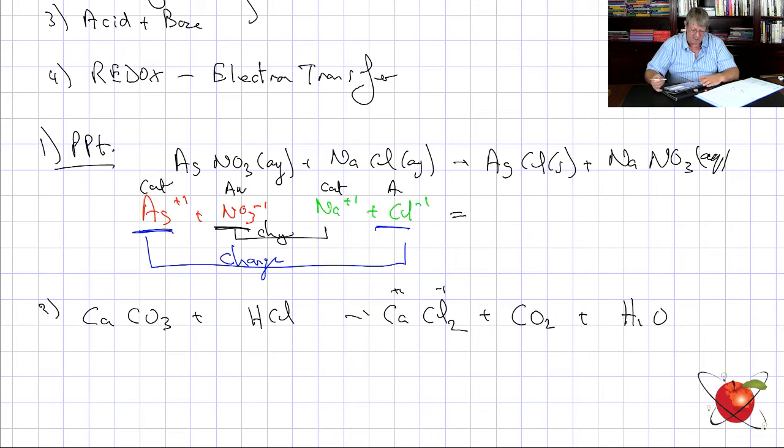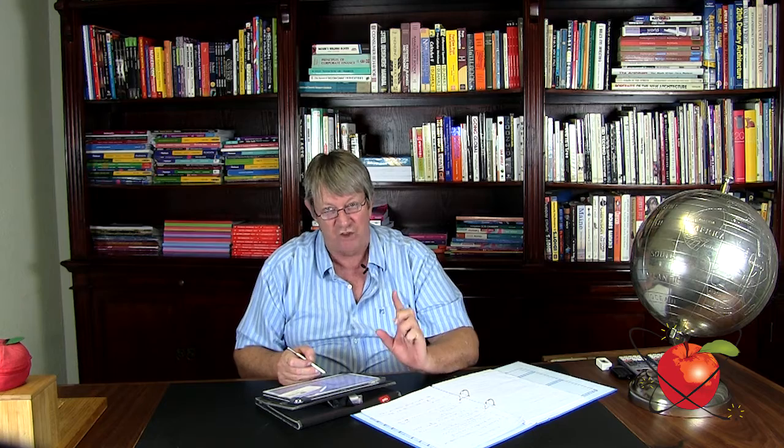And then we can balance it from there, because let's have a look once again. Ca +2 plus CO3, which is a -2, and an H plus a Cl minus. I know that H plus is actually an H3O plus, I'm only using it here to keep it simple.